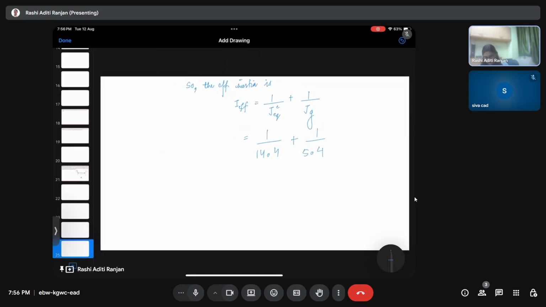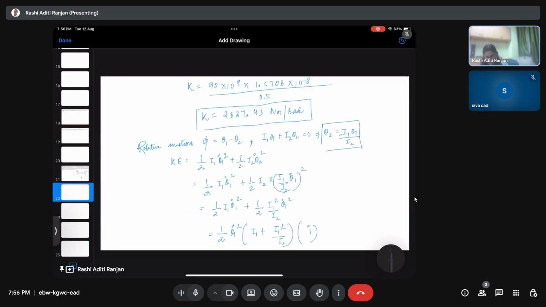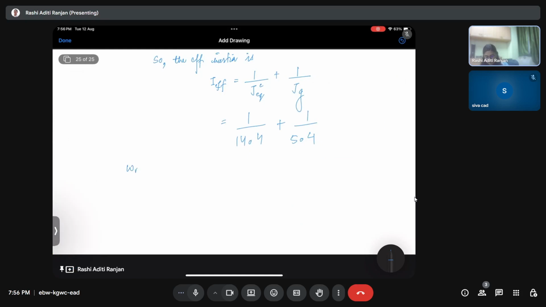And K effective. So basically omega n is going to be under root of K effective by J effective, or I effective, anything would work. But over here we have calculated K for the generator, and for the engine we have not evaluated it.